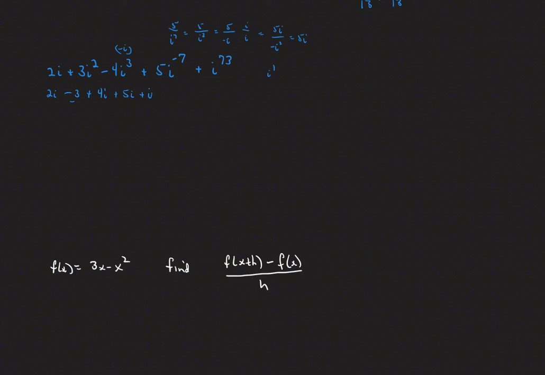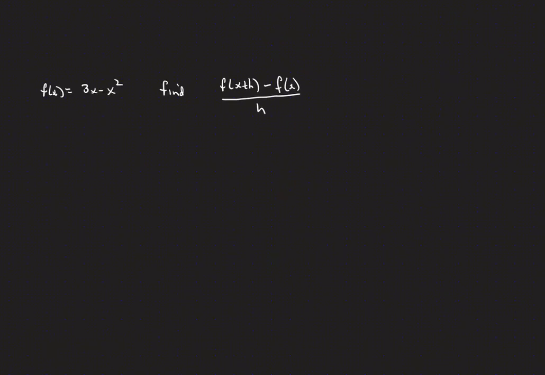Okay, looks like -3 is the only real number part, so we're going to get -3, 2i, there's 6i, 11i, and that makes a total of 12i, and so there's our answer.